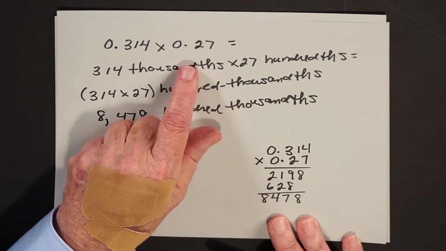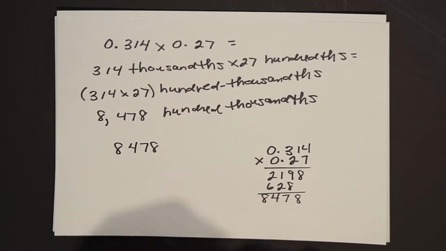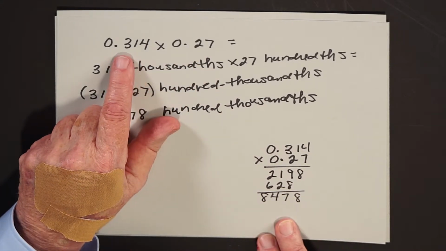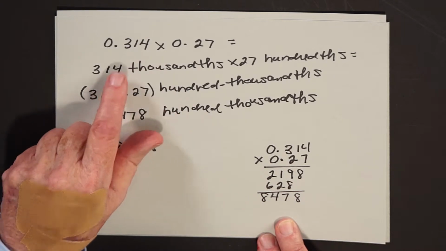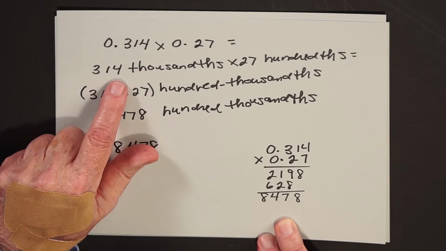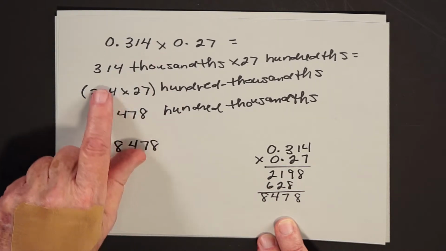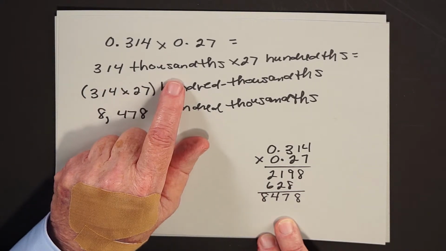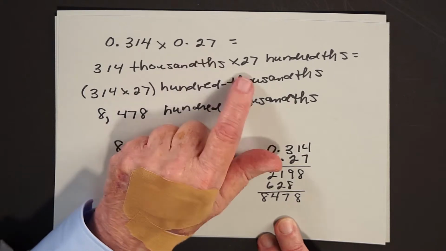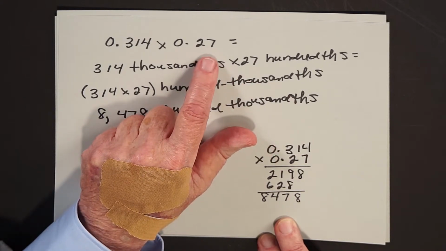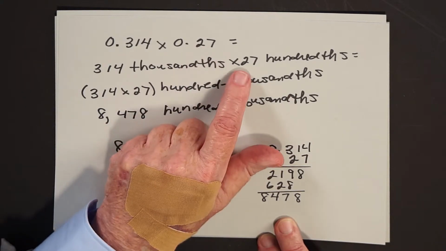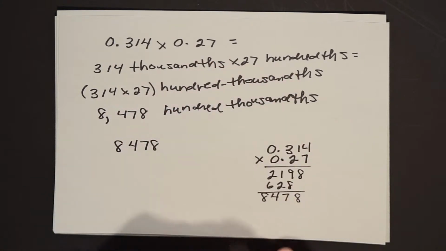All that's going to happen is that the denomination is going to be different. See, for example, 0.314 without the decimal point would be 314. And since there are 3 digits to the right of the decimal point, it's modifying thousandths. Without the decimal point, this would be 27. And since there are 2 digits to the right of the decimal point, the 27 is modifying hundredths.